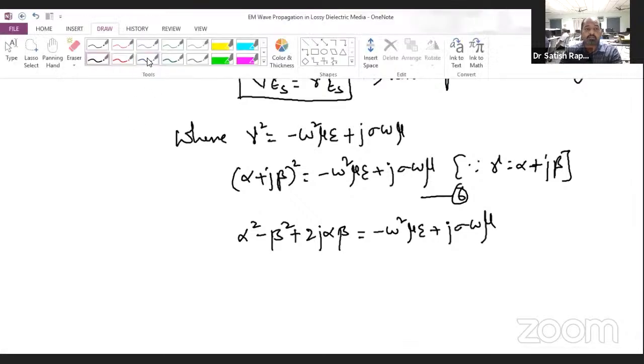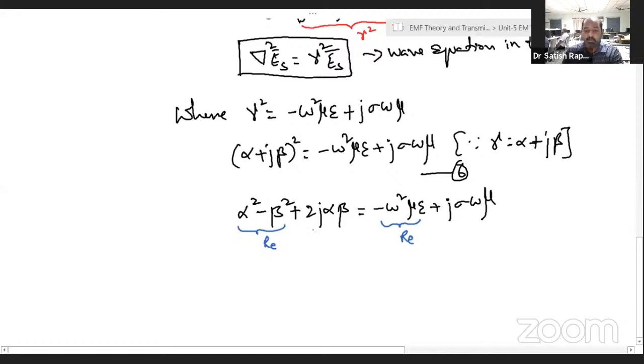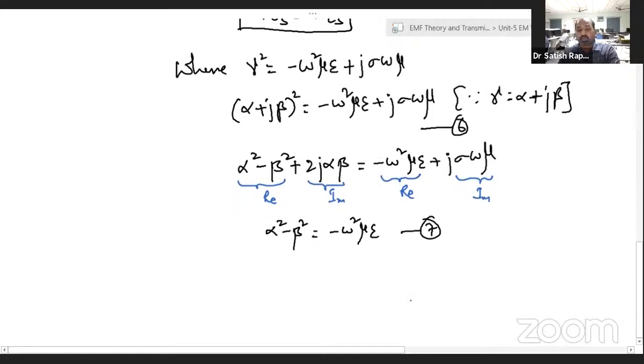Here you can see this is the real part, and on the right hand side this is the real part, and this one is the imaginary part, and this one is the imaginary part. So equating real part, we'll get alpha square minus beta square is equal to minus omega square mu epsilon, and this is equation 7.